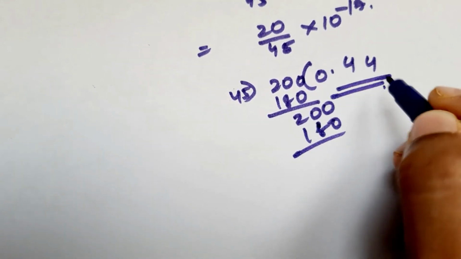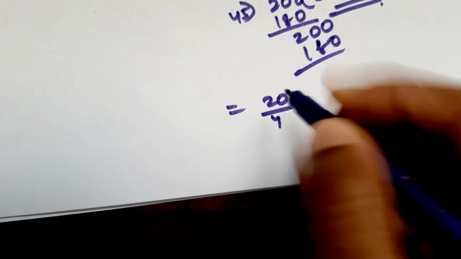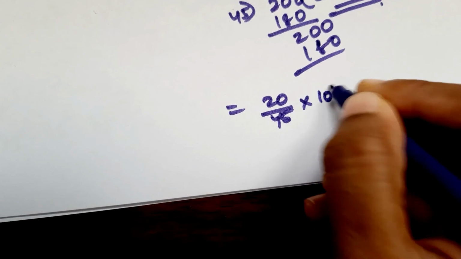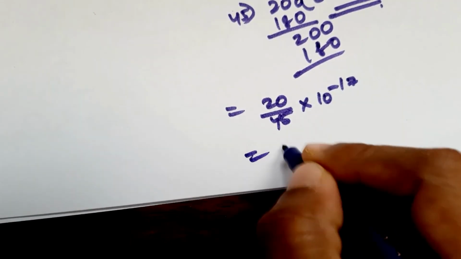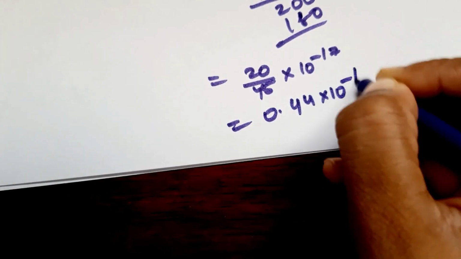So here 4 is repeating, and we get 20 by 45 into 10 power minus 17, which is 0.44 into 10 power minus 17.